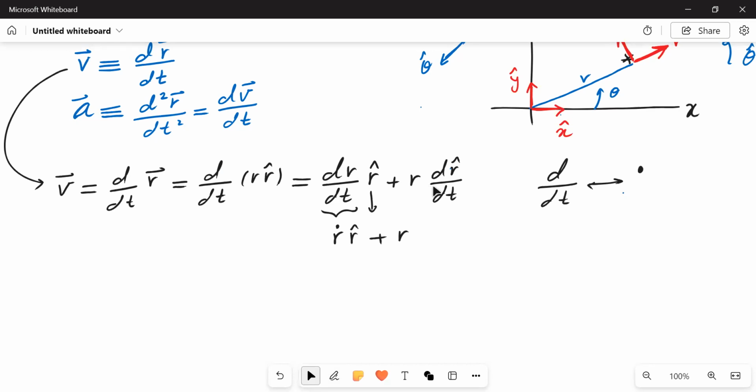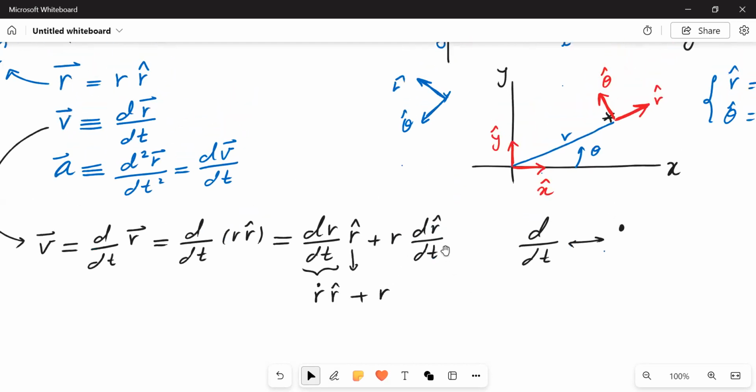What is the time derivative of my unit vector along the radial direction? Well, remember, the polar unit vectors change. And in classical physics, everything changes ultimately as a function of time.